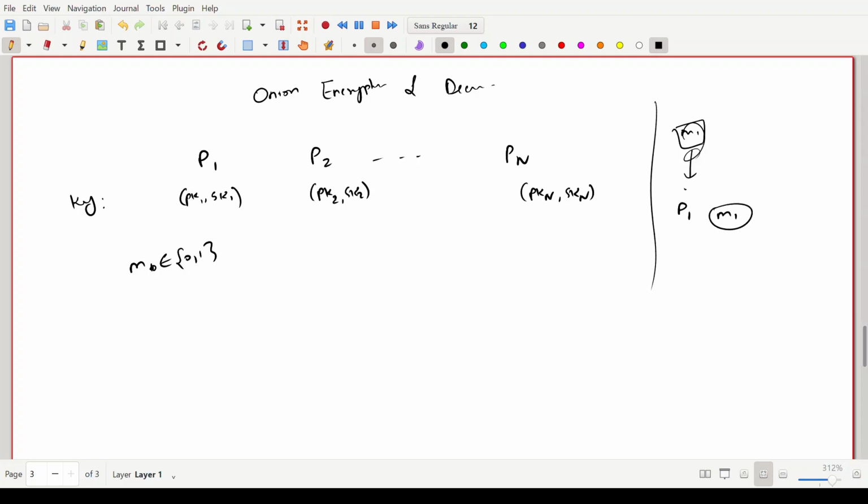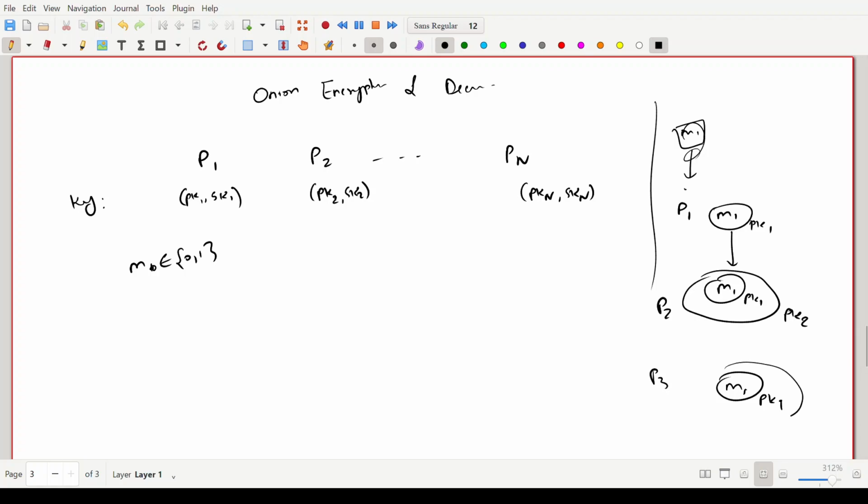He encrypts with his public key PK1. Then the second party is going to encrypt the whole thing, M1 under PK1. This ciphertext he is going to encrypt with his public key. So M1 is encrypted with public key 1, and it is again encrypted with public key 2, and now the third party, what will he encrypt?